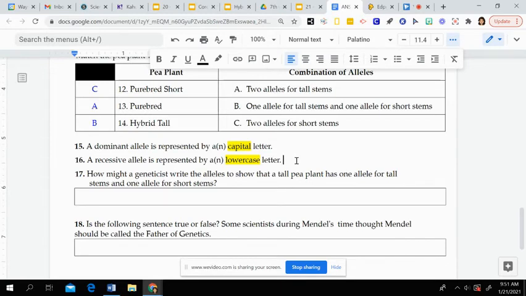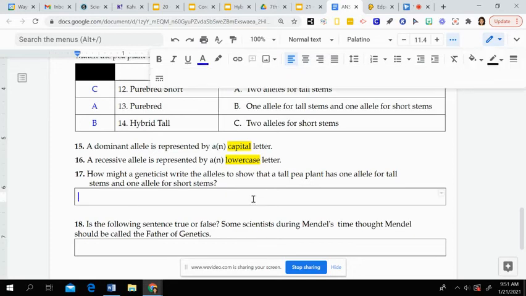So question 17 then is how might a geneticist write the alleles to show that a tall pea plant has one allele for tall stems and one allele for short stems? So remember that tall stem allele is dominant, so it would be a capital T. And then a short stem allele is recessive, so it would be a lowercase t.